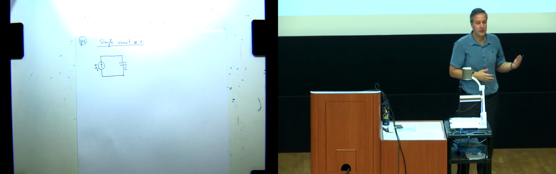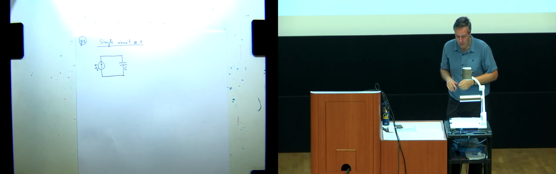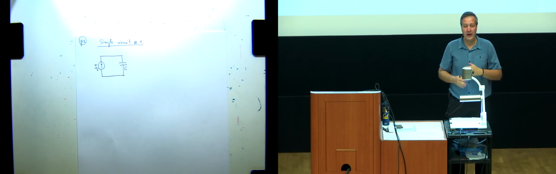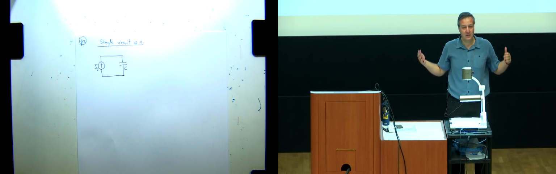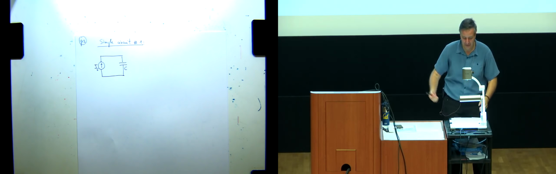There's a current source and a capacitor. And we're just going to apply the same exact 7-step procedure. I'm not going to label every step, but we're going to do one at a time.